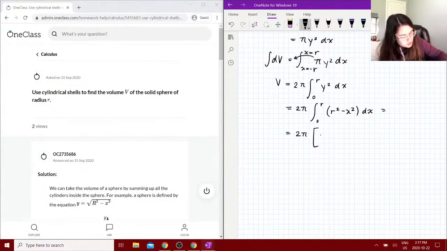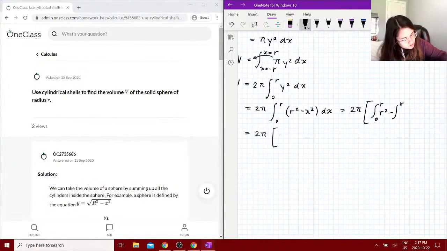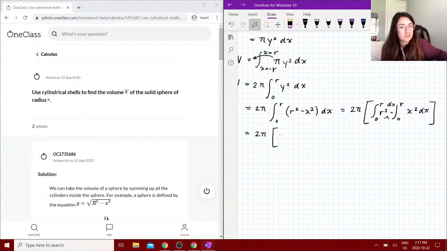So this is the same as this r squared minus the integral of x squared. Oh, sorry, I missed the dx's in here. Dx, there we go.